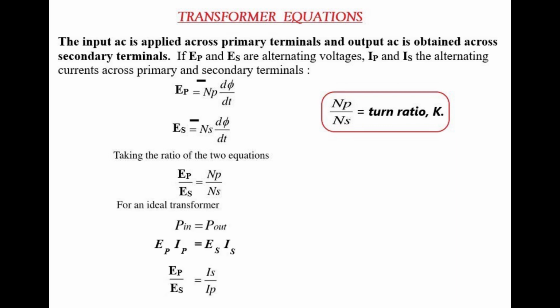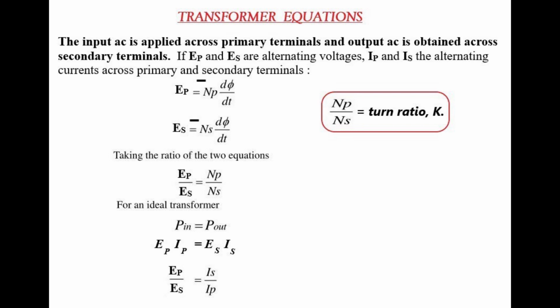But according to the law of conservation of energy, the energy transferred has to be the same if we neglect the energy losses. Therefore, power in is equal to the power out. For electric current, we know power is equal to voltage into current.